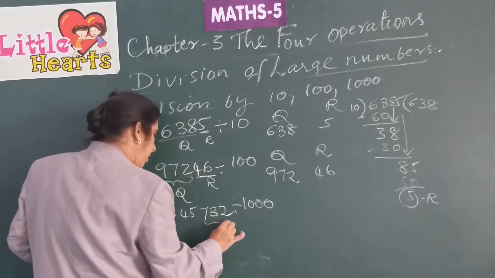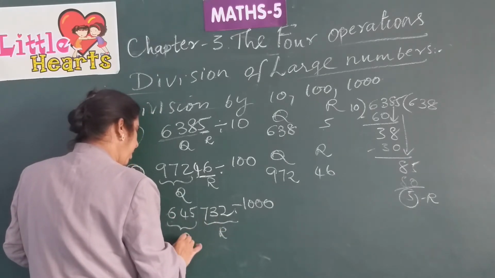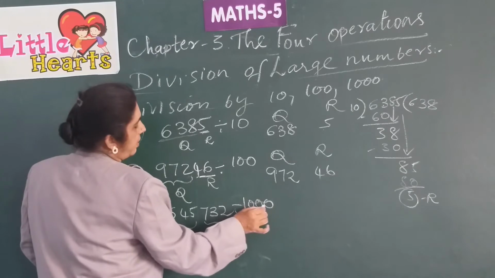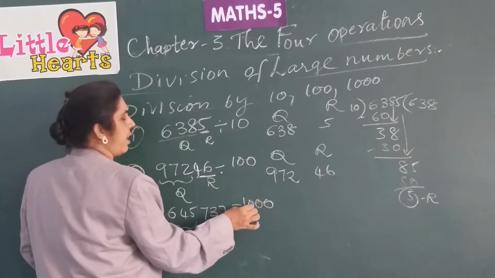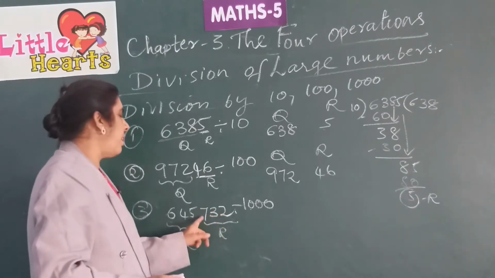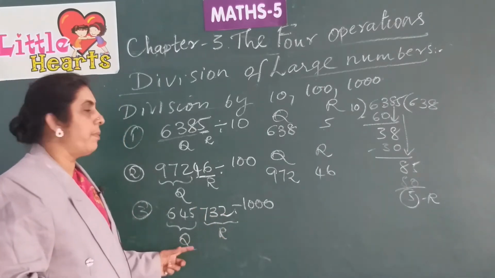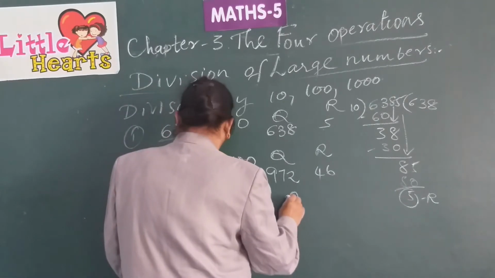the first three digits from the right, the ones, tens and hundreds digits, will be the remainder and the remaining will be the quotient.